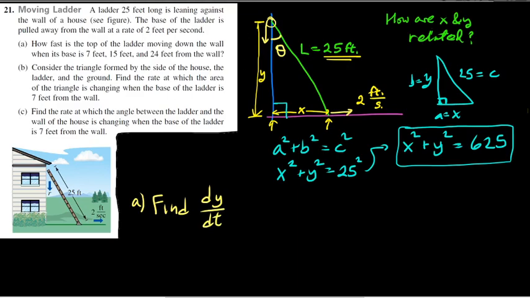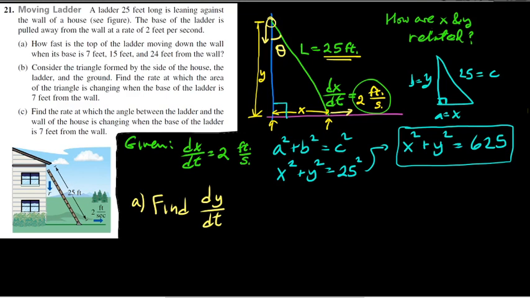That'll tell us the speed at the top. What are we given? We're given the horizontal speed at the bottom of the ladder, 2 feet per second. That's the rate of change of x with respect to t. So we are given that dx/dt is 2 feet per second, which is pretty fast, actually.